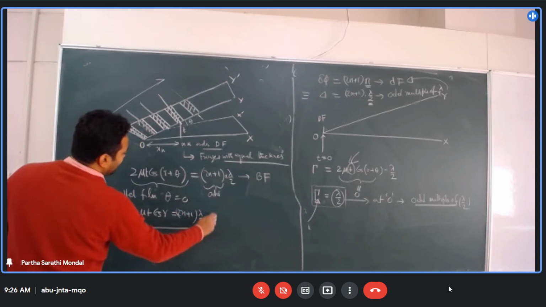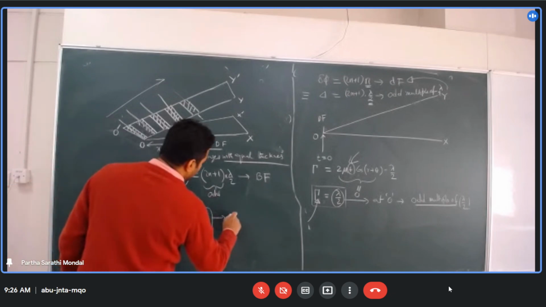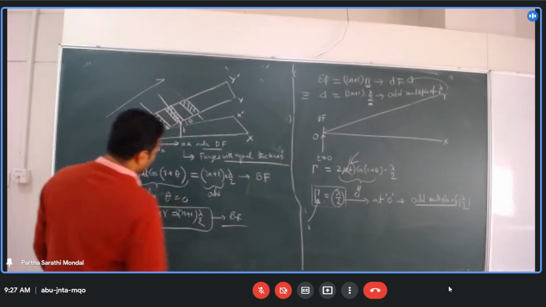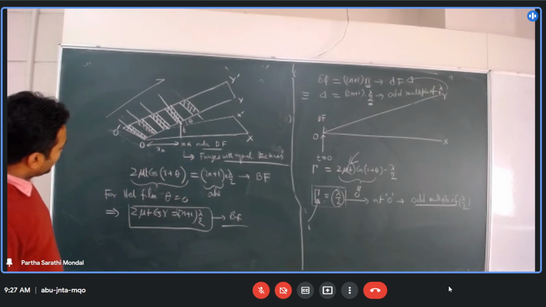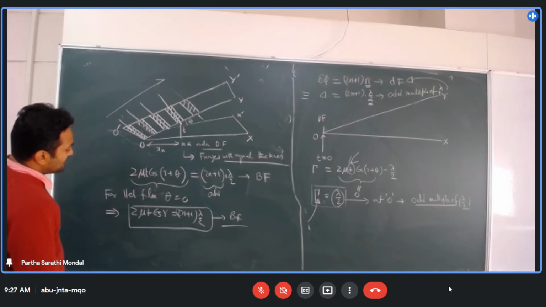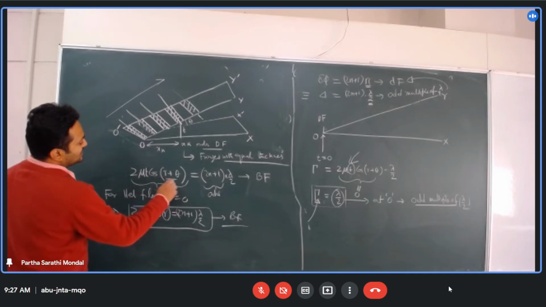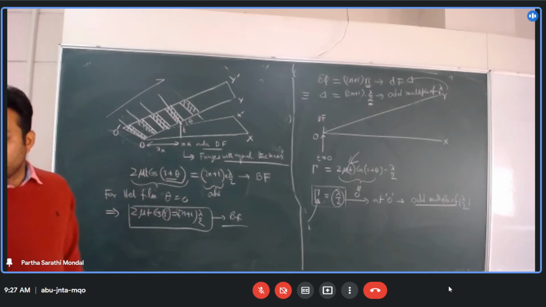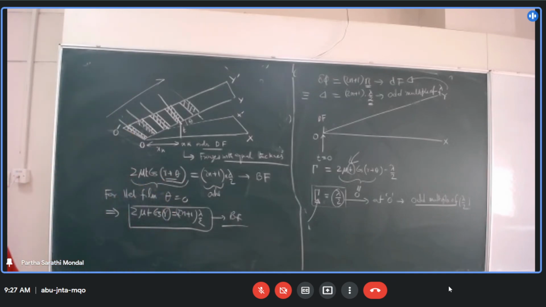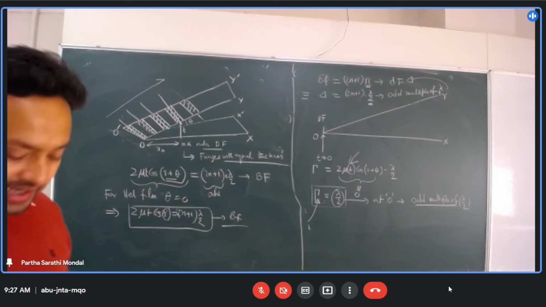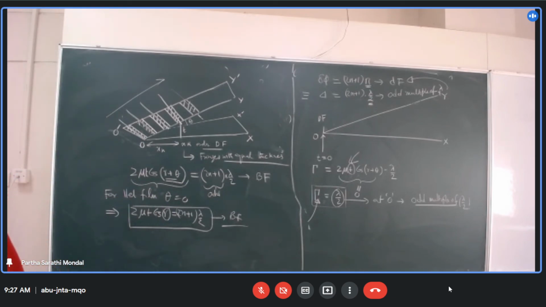So this is the condition for the bright fringe in a parallel film, you can see. So it's very easy to remember. In a parallel film, instead of having r, you have to put r plus theta in the case of a wedge film, where theta is the wedge angle. That's all.